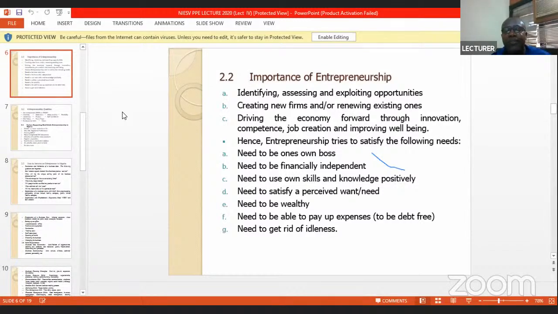The next one is important because entrepreneurship leads to creating new firms and renewing existing ones.